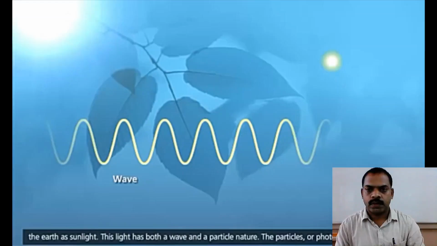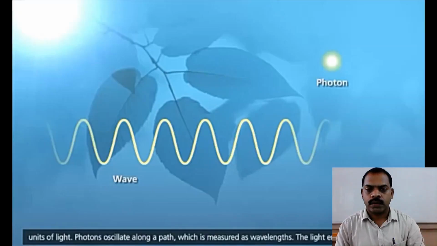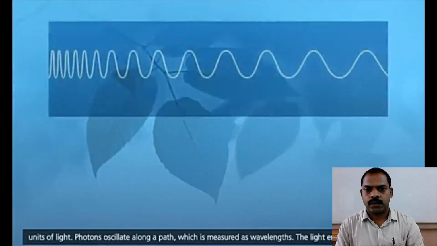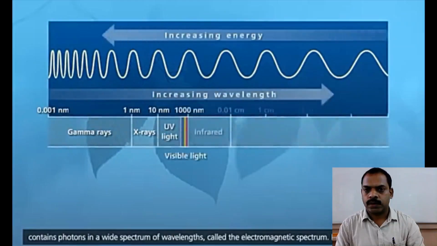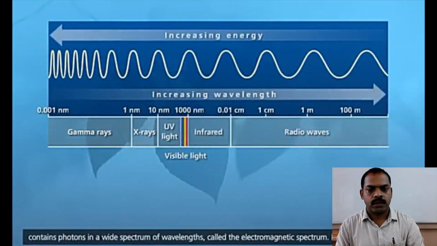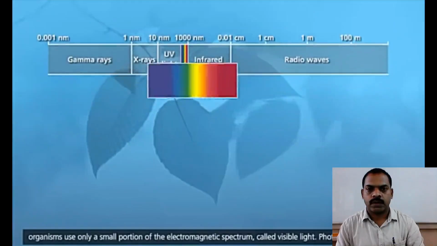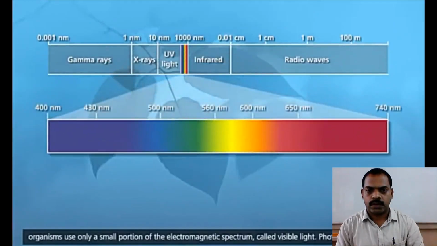The particles, or photons, are the smallest units of light. Photons oscillate along a path, which is measured as wavelengths. The light emitted from the sun contains photons in a wide spectrum of wavelengths, called the electromagnetic spectrum. Photosynthetic organisms use only a small portion of the electromagnetic spectrum, called visible light.